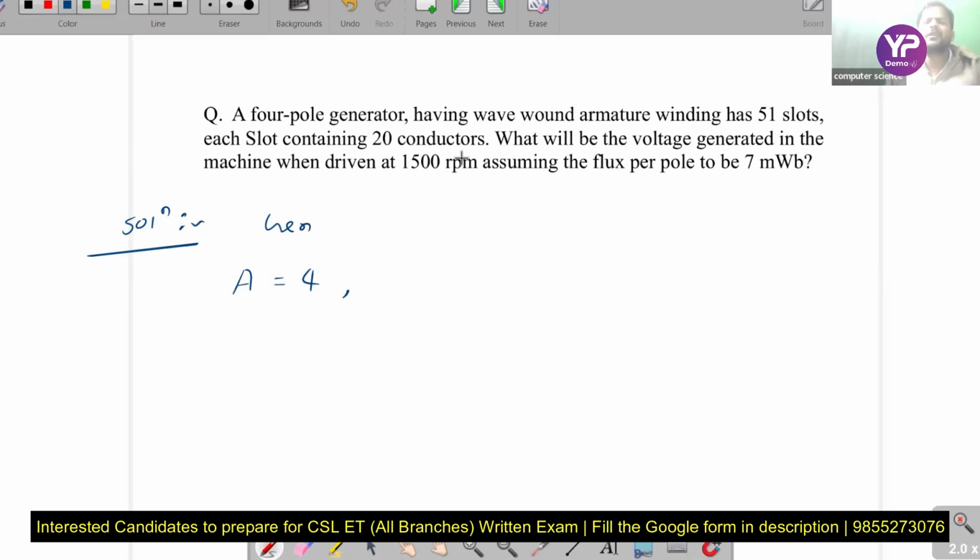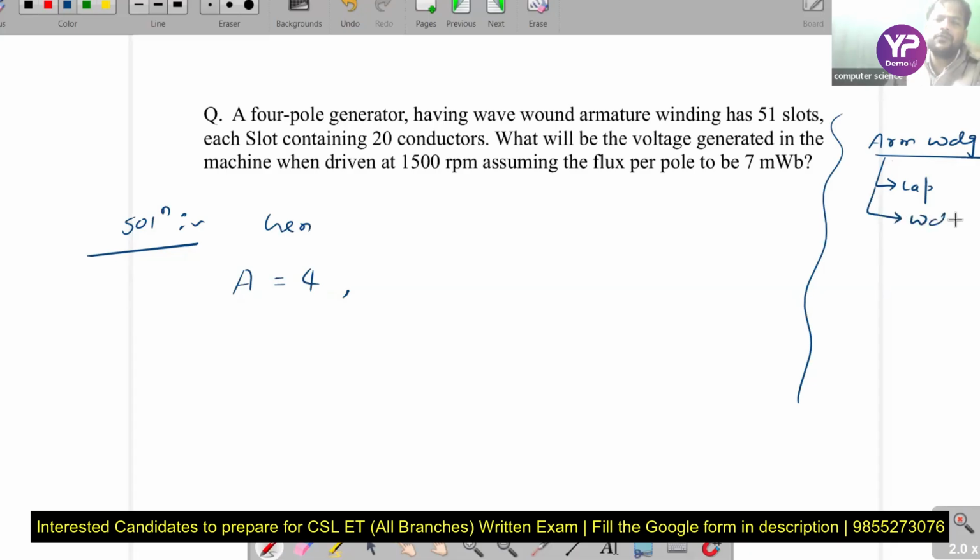Here we remember, in a DC machine, or in any machine, armature winding is of two types: lap winding and wave winding.